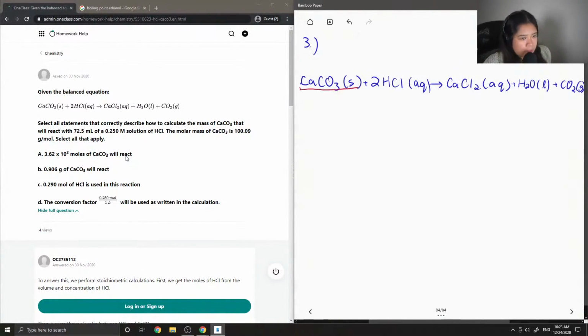So in the case of the calcium carbonate, we are looking for the mass in grams, and they give us the molar mass, which is equal to 100.09 grams per mole.